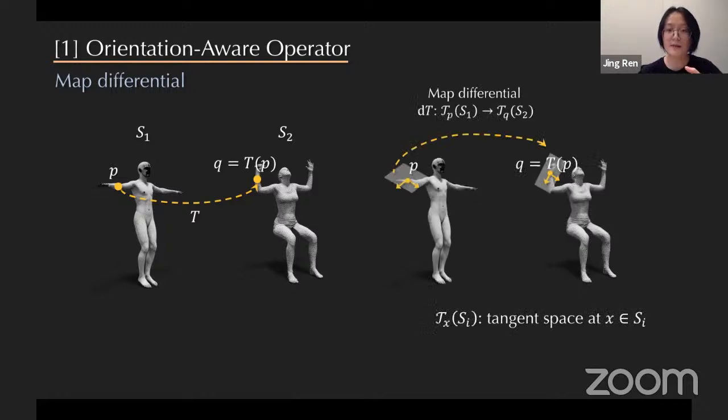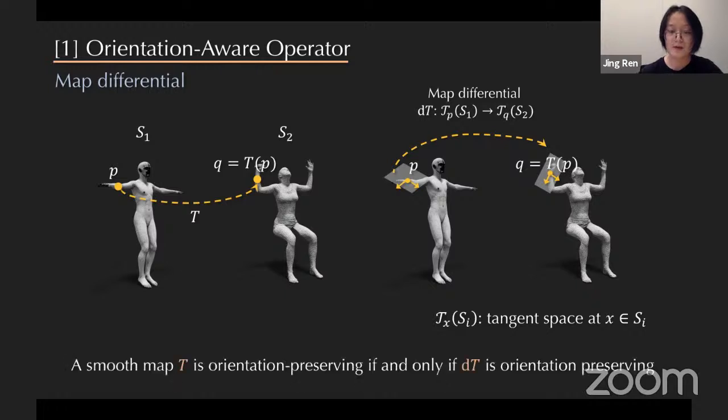We can define the map differential from this map T, which maps the tangent plane at vertex P to the tangent plane at the corresponding vertex Q. Our observation is that a smooth map T is orientation preserving if and only if its map differential is orientation preserving.